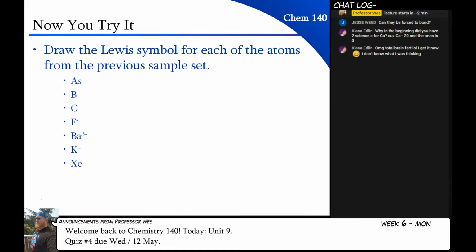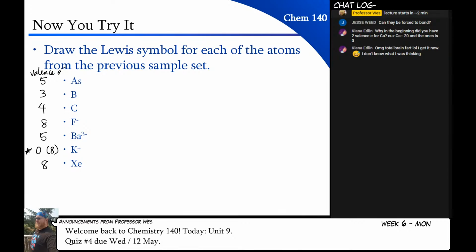So, since you've already counted all the valence electrons for all of these ions, this is the same set that you just did. Now what I want you to do is, using the number of valence electrons that you had, and I'm going to reproduce these here for you. And we'll talk about what to do for this case right here.